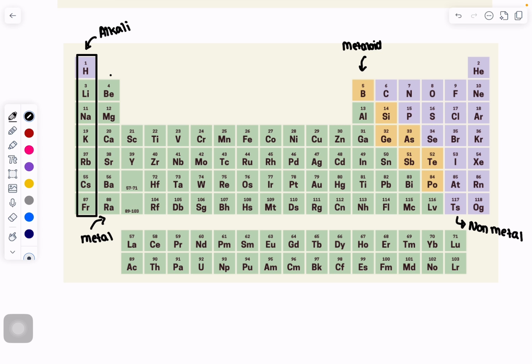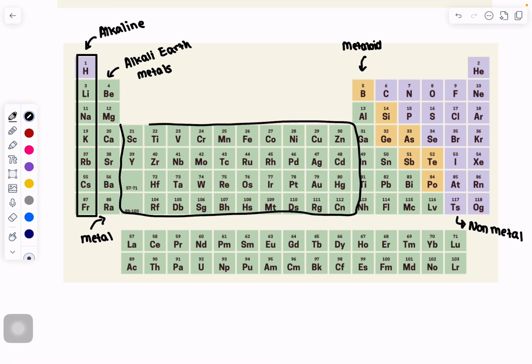Anything in the second group is the alkaline earth metals. Anything in this middle block is going to be called a transition metal.